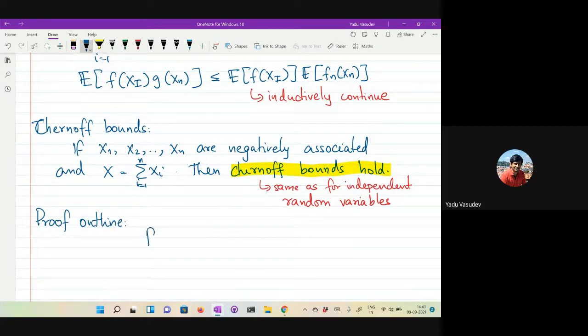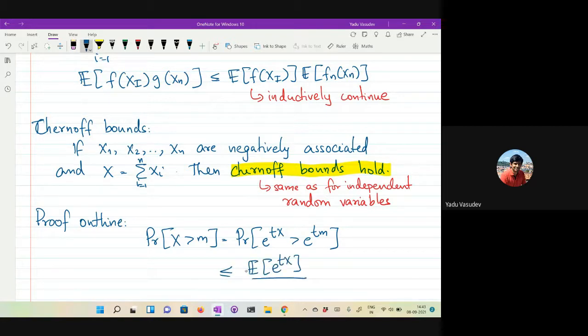So what we did was we said the probability that x is greater than m is the same as the probability that e power tx is greater than e power tm, right? And then we use Markov to say that this is at most the expected value of e power tx by e power tm. Right?